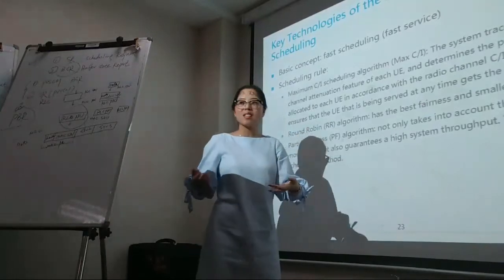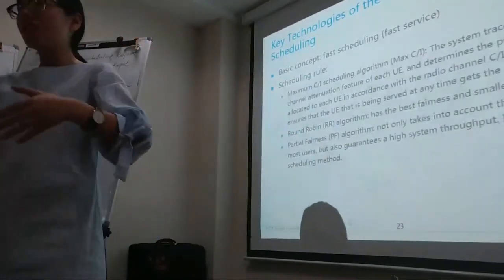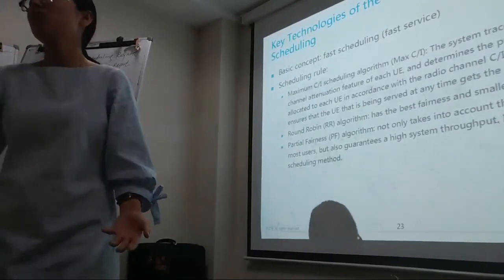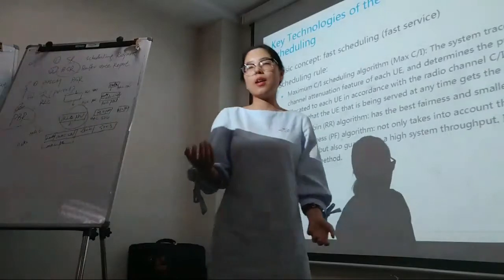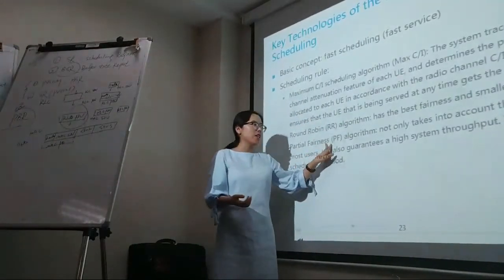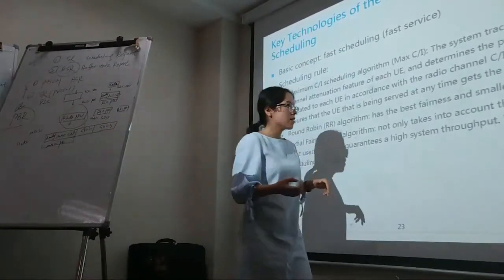But we need to consider fairness. All of the users give you money, but you don't let them do the service. It's unfair. So there is one, the partial fairness (PF) algorithm.